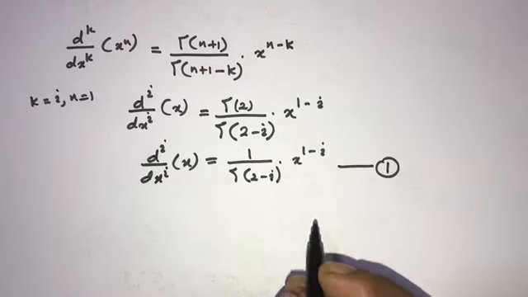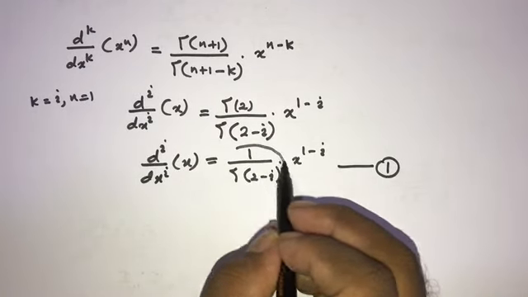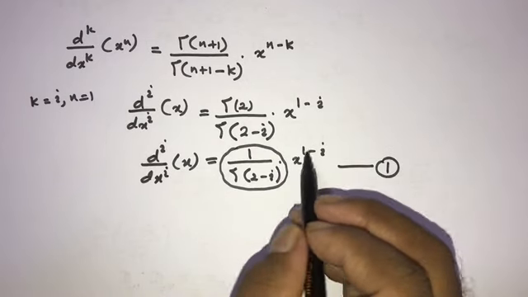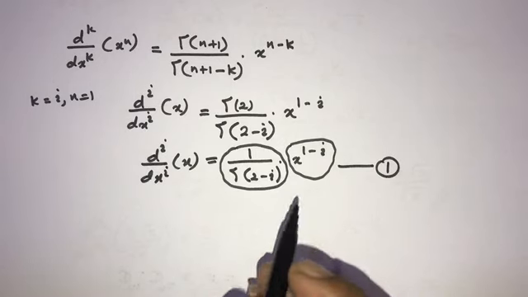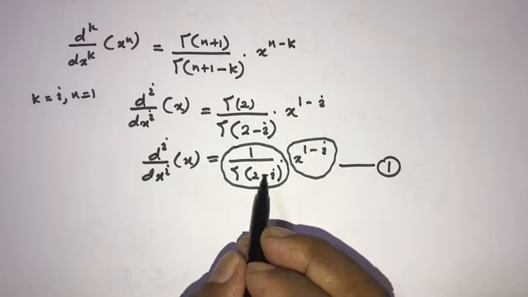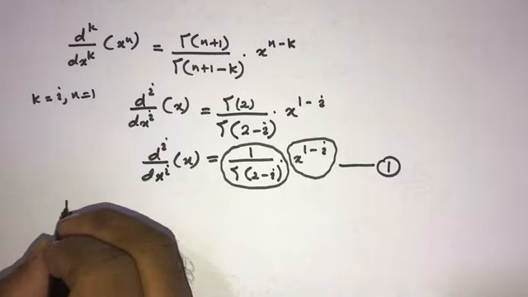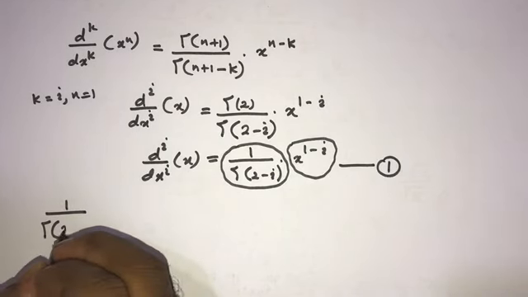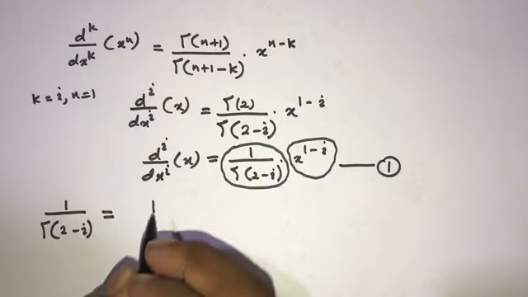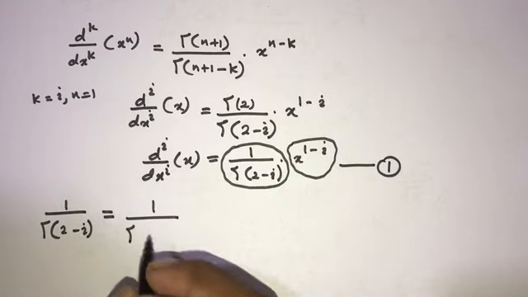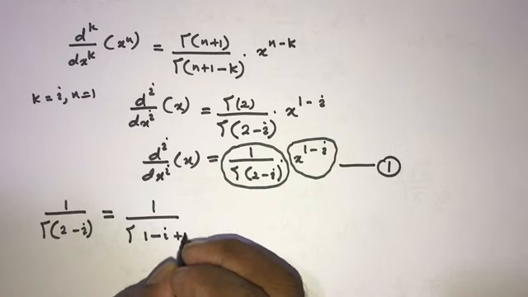Okay, now very interesting. What can we do? Here we have 1 over gamma of 2 minus i, and x to the 1 minus i. First I am going to take 1 over gamma of 2 minus i. Now we can write this as 1 over gamma of 1 minus i plus 1.